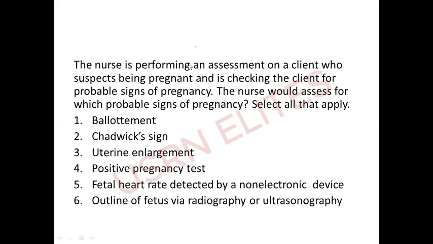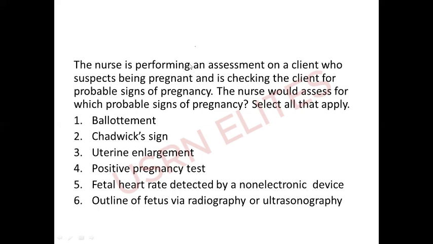So this one, they are talking of the probable signs. I think they are the signs that you, the examiner, will be able to see and see that the client is pregnant. So ballottement, yes, you, the examiner, will be able to do that one. Feel the fetal movement. Chadwick sign is through examination that you see it. Uterine enlargement. Probable, presumptive.